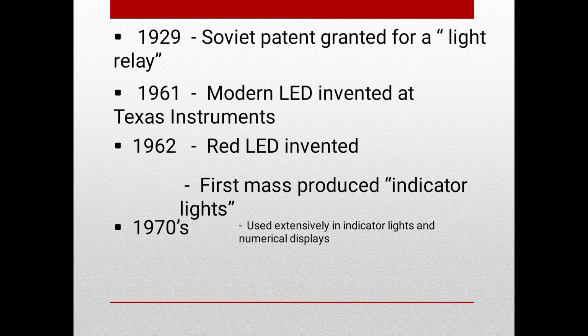So for indicating and testing purposes, it was used in the 1970s, and it gave more light than the usual lamp, nearly 10 times higher intensity. The first color LED produced was red.